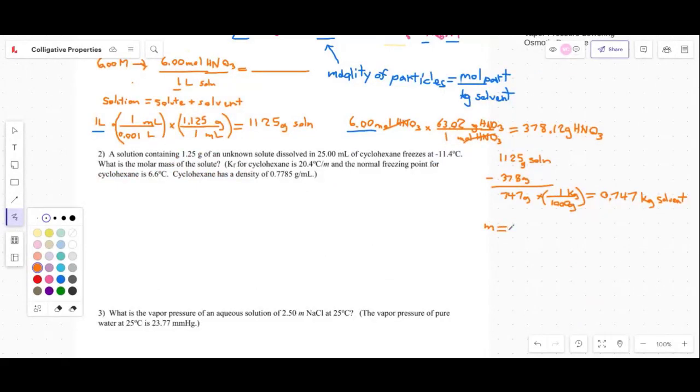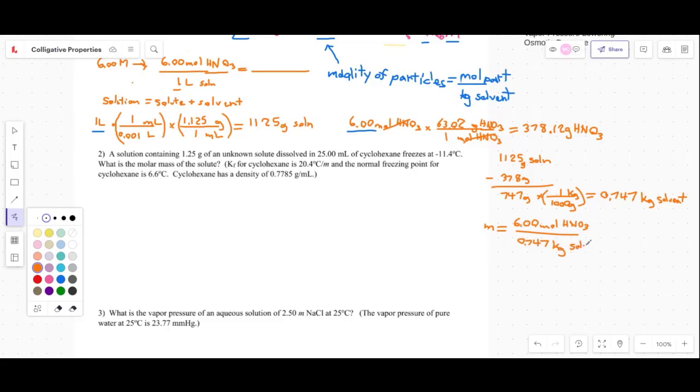The molality is going to be equal to the moles. And of course, we know we have 6 moles of HNO3, and that's going to be over 0.747 kilograms of solvent. I hope you're able to read my writing okay.